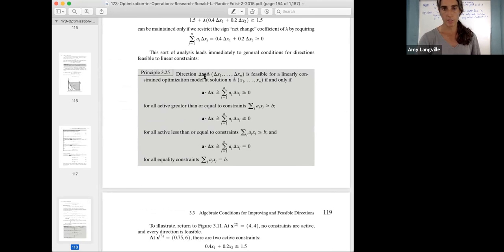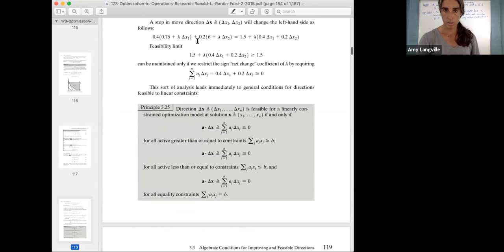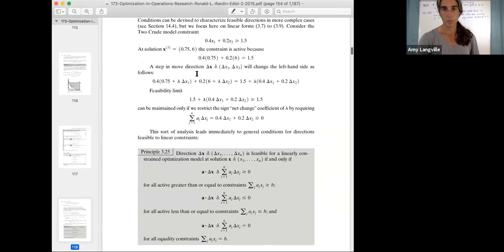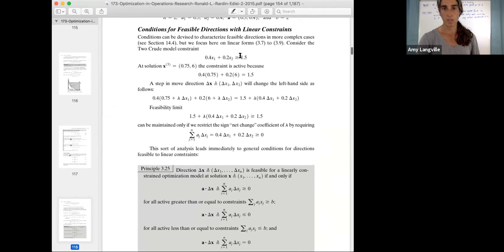A direction vector delta x is feasible for a linearly constrained optimization model at the solution x if and only if, so we can go both directions here, this is satisfied. A is the coefficients on the constraint, like the aij's. Let me give an example here. Take this constraint: 0.4 x1 plus 0.2 x2 greater than or equal to 0.5. The a is 0.4, 0.2.